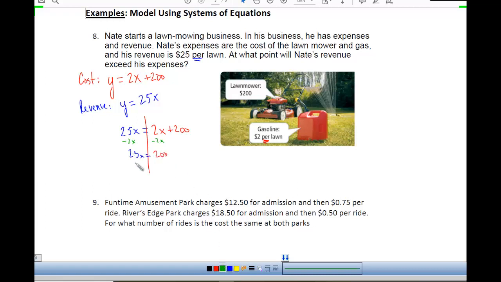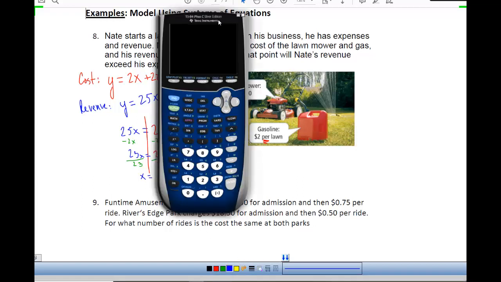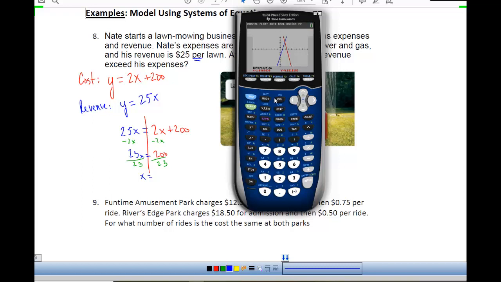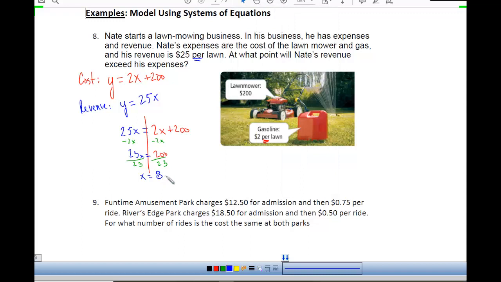And then I just divide by 23. So that will be 200 over 23, which is we'll say 8.7. So that's 8.7 lawns.